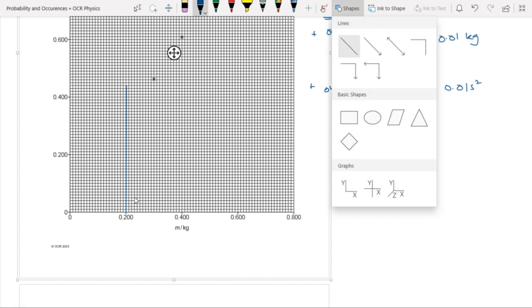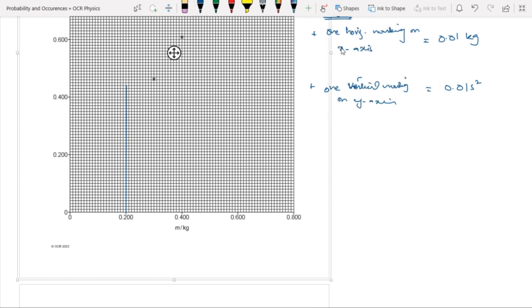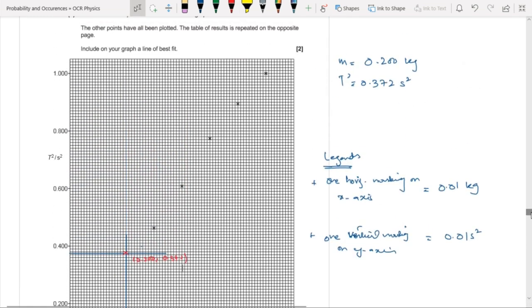So this should be something around here for the 0.372 point. That point of intersection, which I can draw using the red color, is our point 0.2 and 0.372.